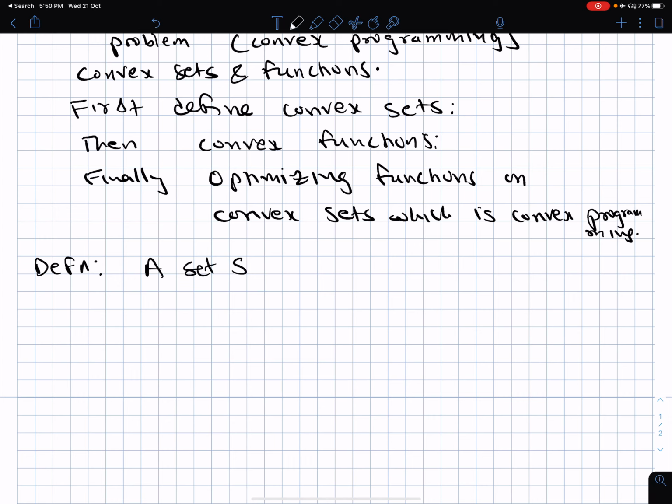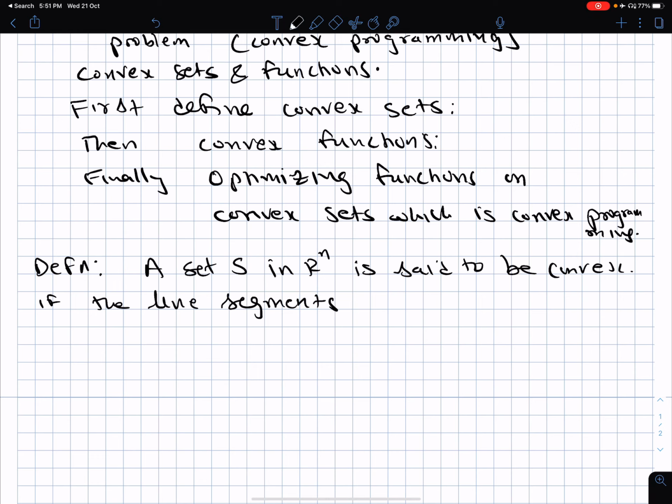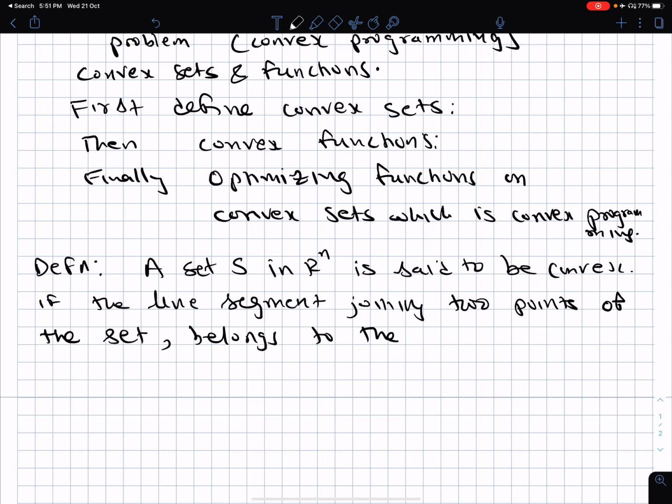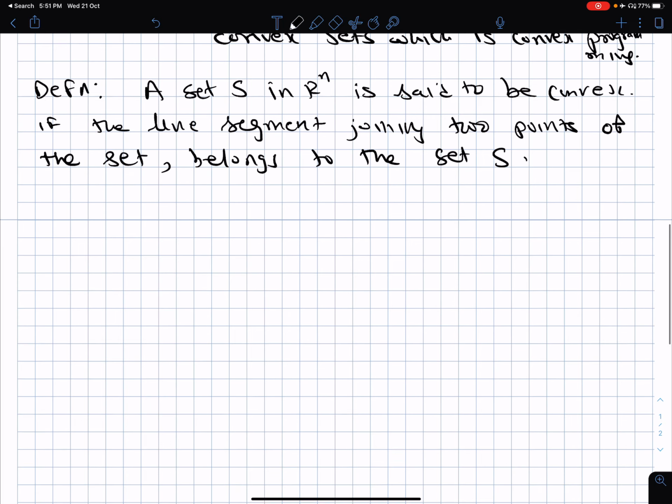A set S in R n is said to be convex if the line segment joining any two points, arbitrary points, mind you, two points of the set belongs to the set S.